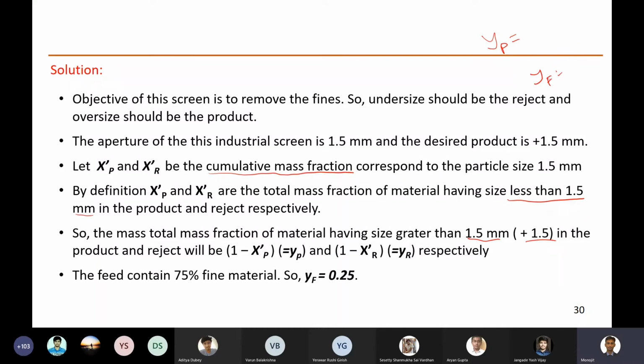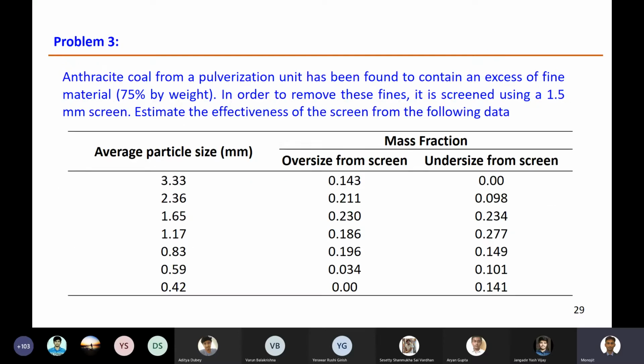Now you tell me how should we proceed? So we know what is YP, what is YR. We don't know what is YP, what is YR. That is something we had defined. And YF we know that is equal to 0.25, and we have this table. So how should we proceed?